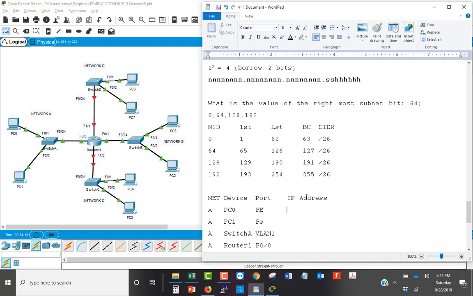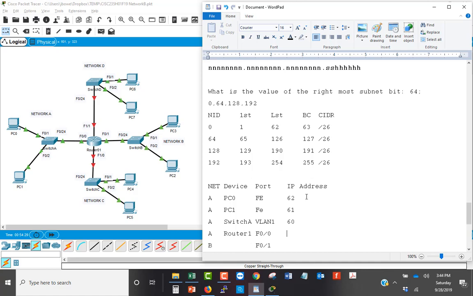So let's say I'm going to do 62 on this, then 61, then 60, and I'm going to put in 1 here.